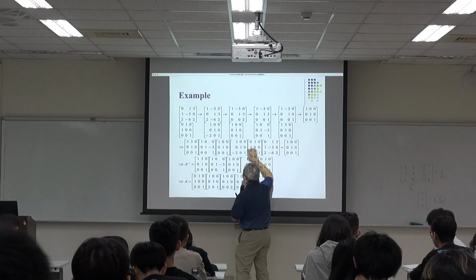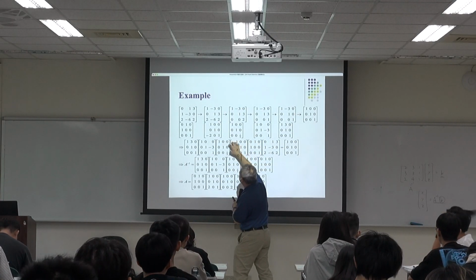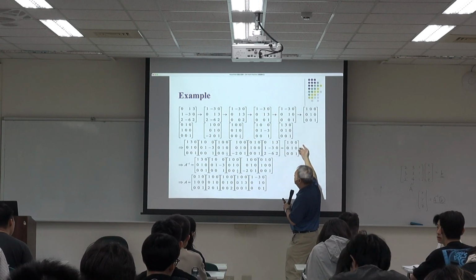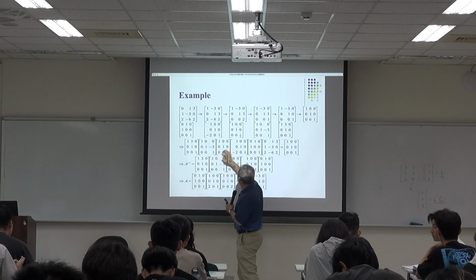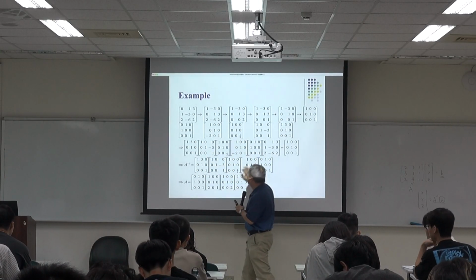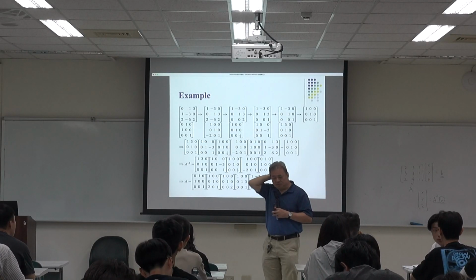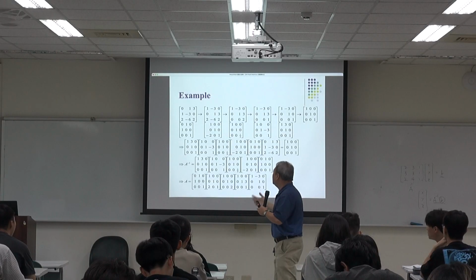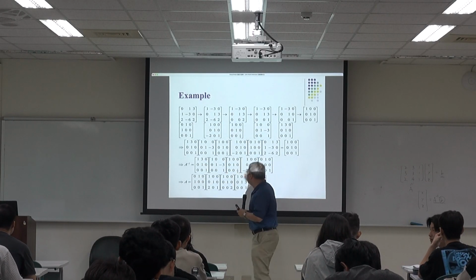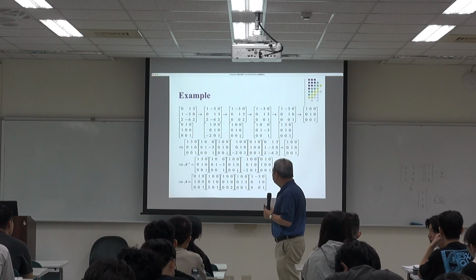We multiply the original matrix with these elementary matrices and we get the identity matrix. The inverse will be the inverse of this one times the inverse of this one, and so on, so you get the identity. So A inverse is this, and A equals the inverse of this.